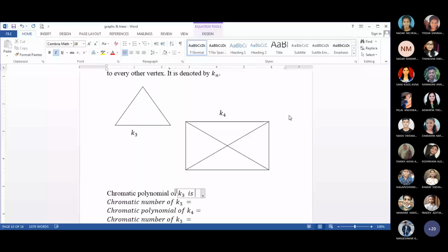Can you tell what is the answer for the chromatic polynomial? x into x minus 1, x minus 2. Very good. It is x into x minus 1 into x minus 2. So what will be the chromatic number? 3. Very nice. The chromatic polynomial is x into x minus 1 into x minus 2, and the chromatic number is 3.